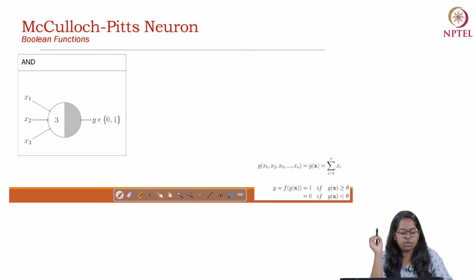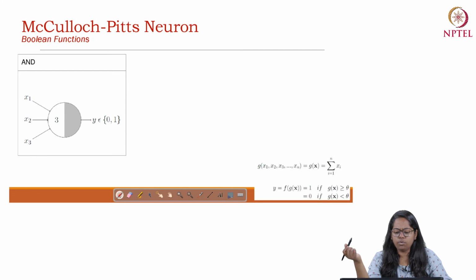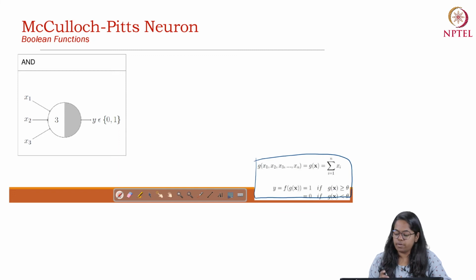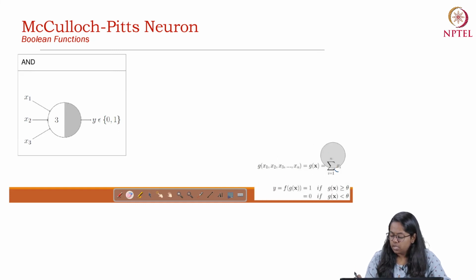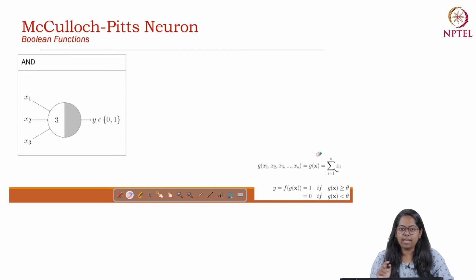So if we look at some of the Boolean functions that we have, this part here represents the equations of our McCulloch-Pitts neuron, that is the summation of the xi. If it is greater than a particular threshold theta, then the neuron is fired, and if it is not, then it is not fired, right? Then we'll just see the AND gate first.